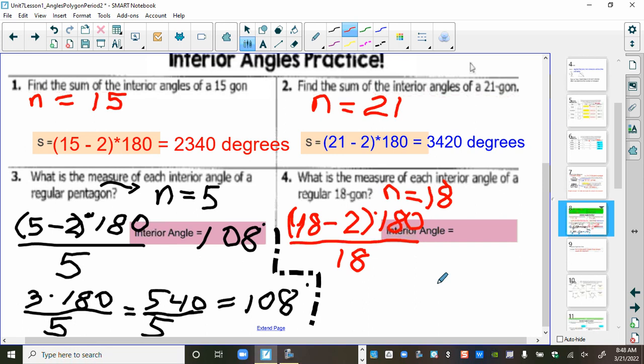I want you to help us figure out this one. This one's actually going to be not that bad. Once somebody gets an answer, let us know. I'll give you one other hint: 18 minus 2. Follow order of operations first.